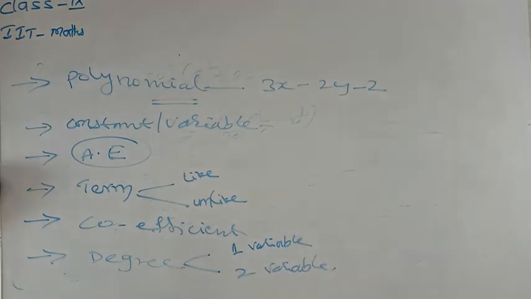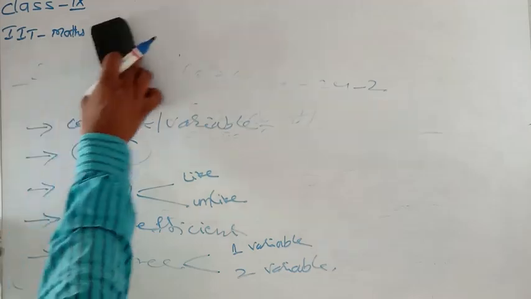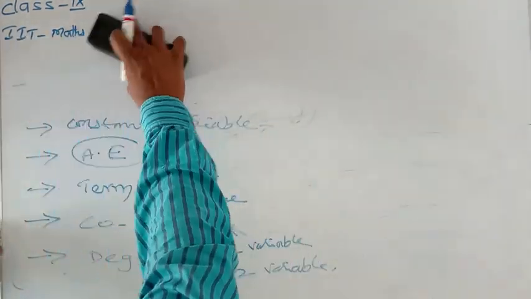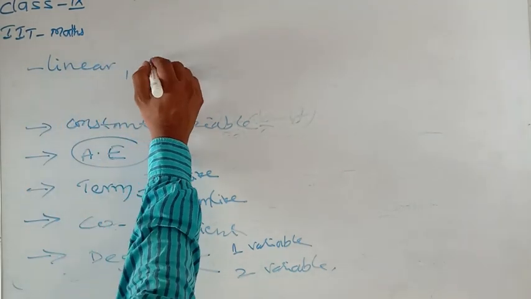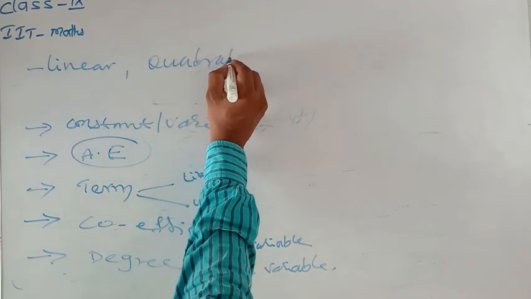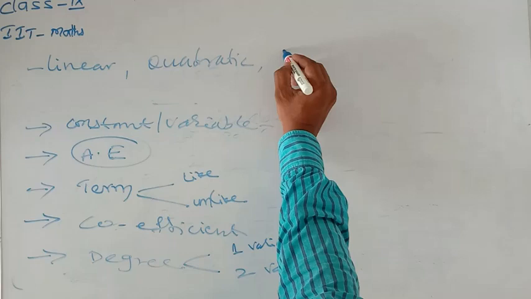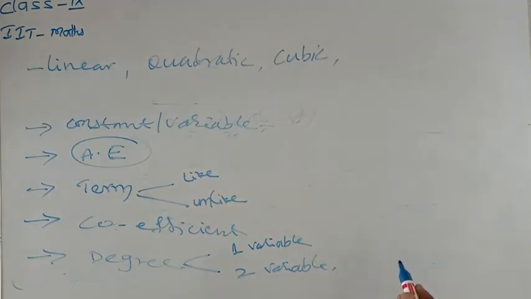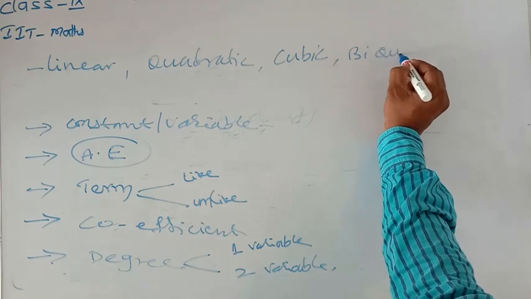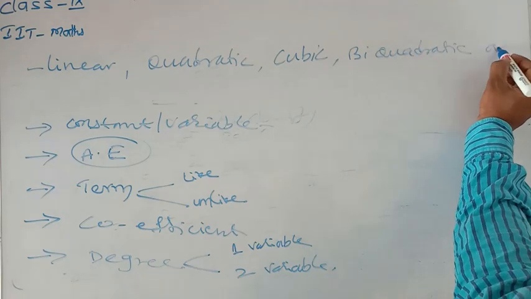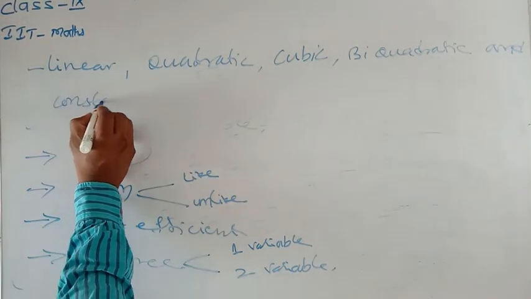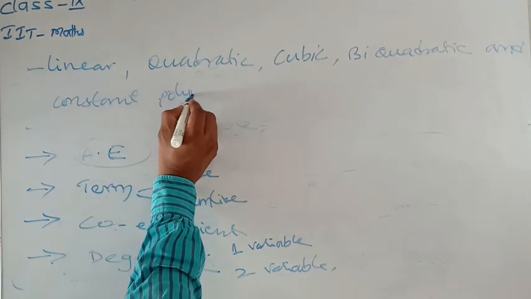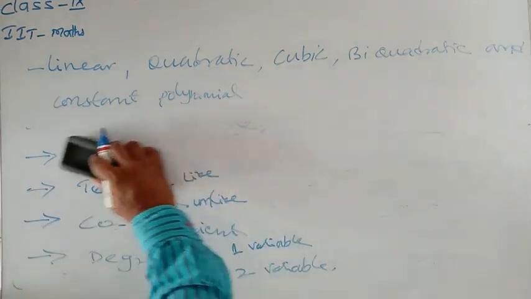Again, polynomials are divided into types based on the degree: linear, quadratic, where the power is 2, cubic, where the power is 3, biquadratic, and constant polynomial or zero polynomial. So this we have studied.